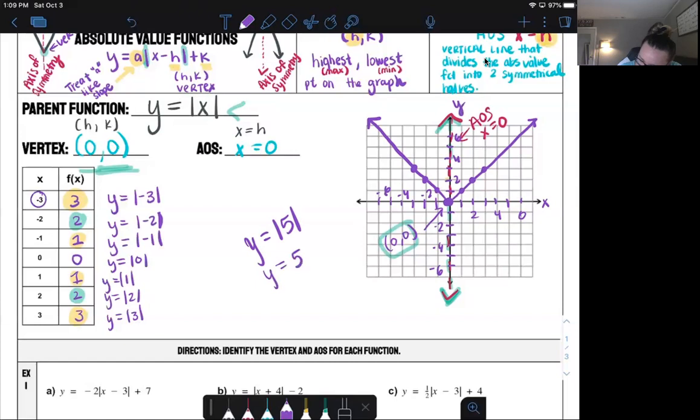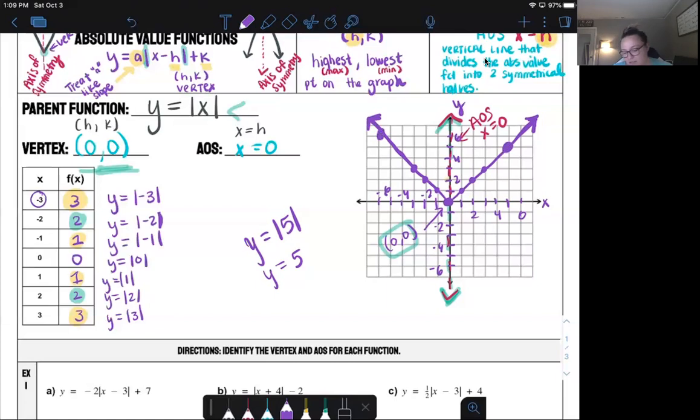So 5, 5 would also be on my graph right here. What would I get if I plugged in 10? I would get 10. So I know that my graph does increase off to the right forever. And same for the other side. If I plug in -6, I'm going to get 6. So again, my graph increases off to the left forever as well.